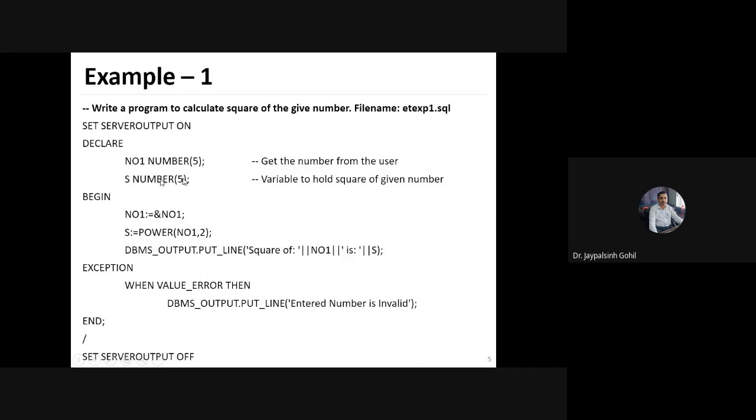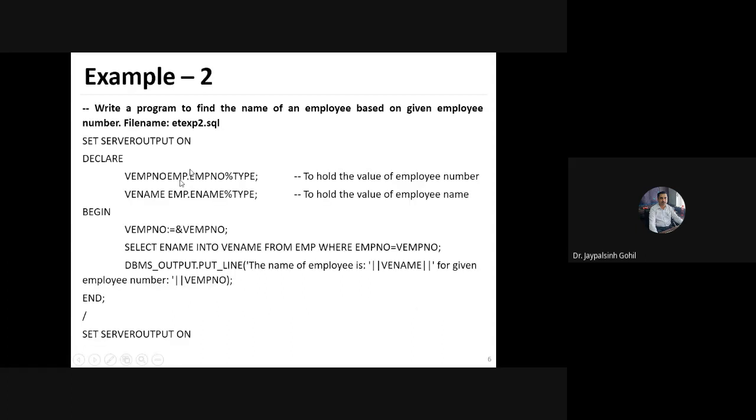In the previous example, we wrote number 5, so we had data type number and size 5. But here we want to assign the same data type and size of the EMP number column, which is part of the EMP table, to this variable, v_emp_number. So this is called anchored declaration of variable.